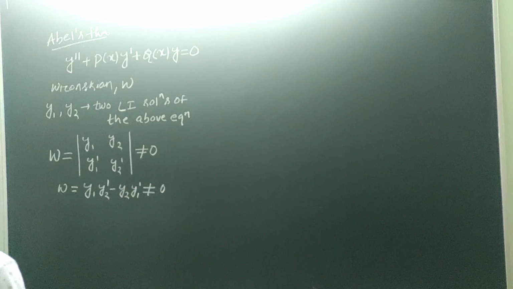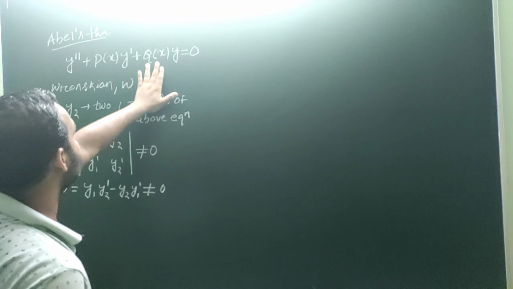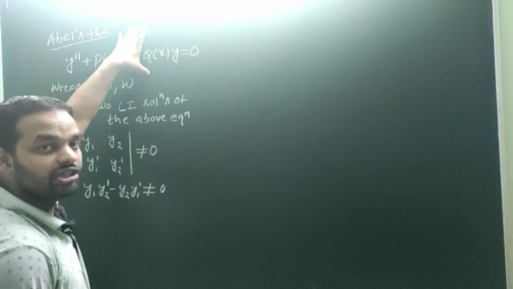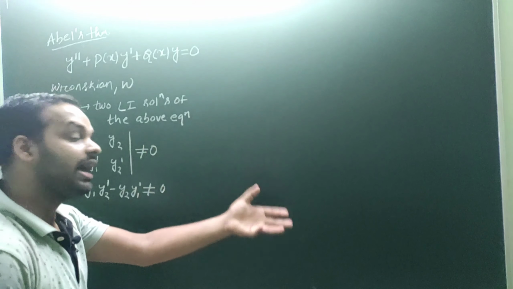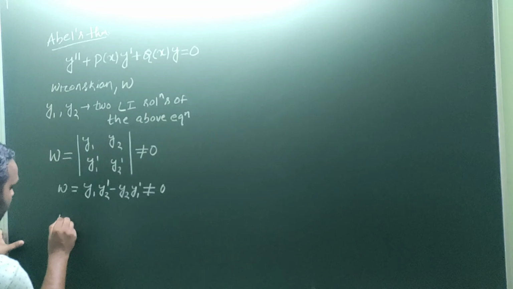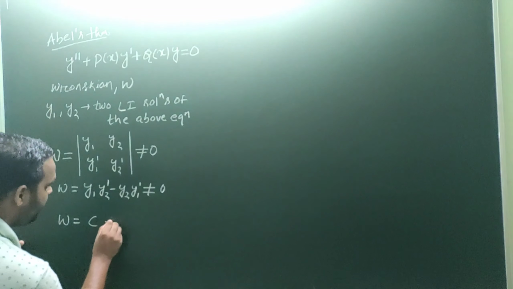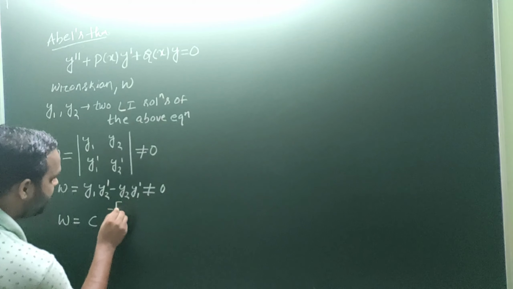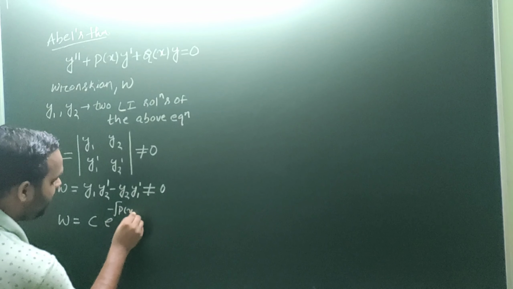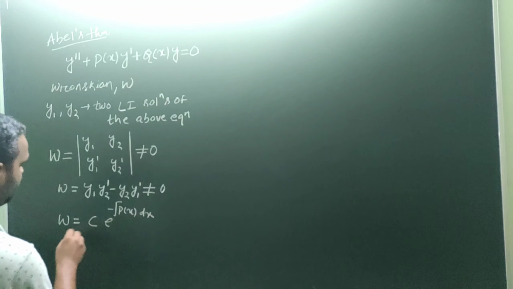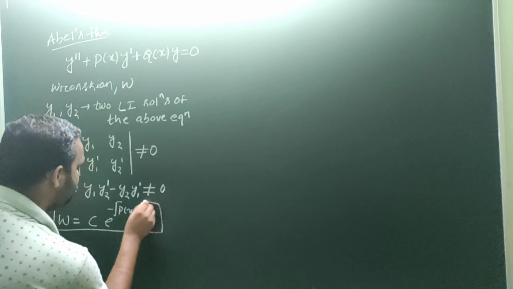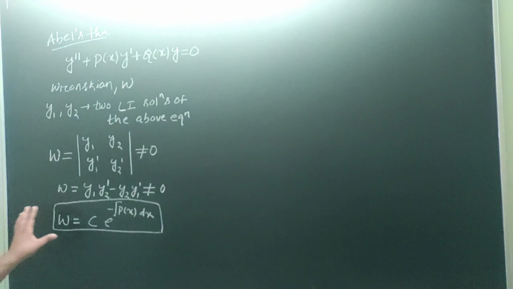And from this differential equation, if you want to find the Wronskian directly, then you can find W is equal to some arbitrary constant C times e to the power minus integral of p of x dx. This is the general form of the Wronskian.